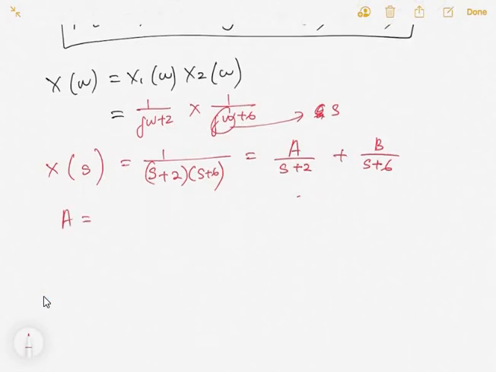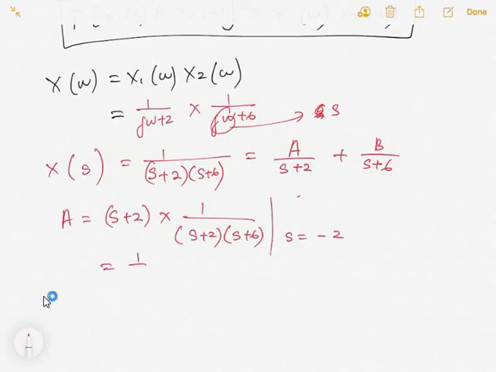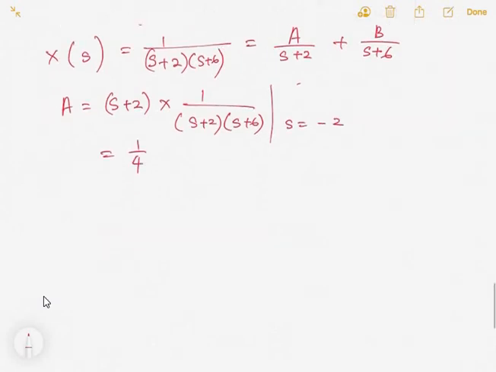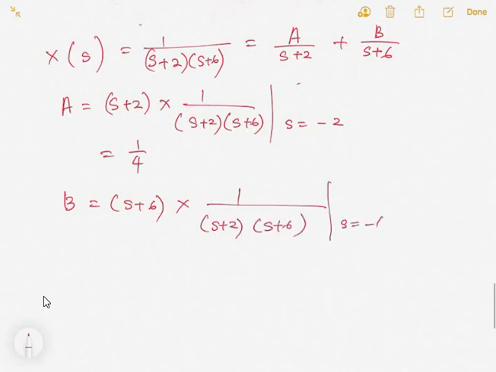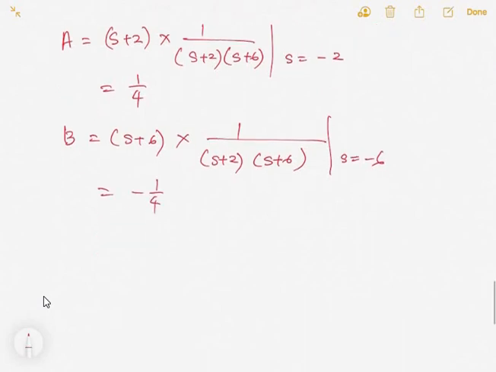A is equal to s plus 2 multiply with 1 over (s plus 2)(s plus 6). When s is equal to negative 2, then you will get 1 over 4. Then for B, you will get s plus 6 multiply with 1 over (s plus 2)(s plus 6). When s is equal to negative 6, then you will get negative 1 over 4.